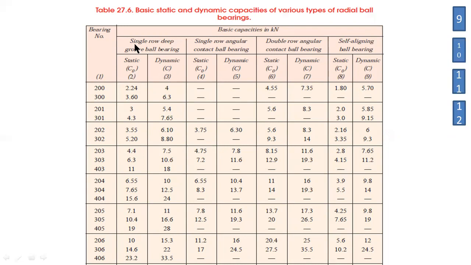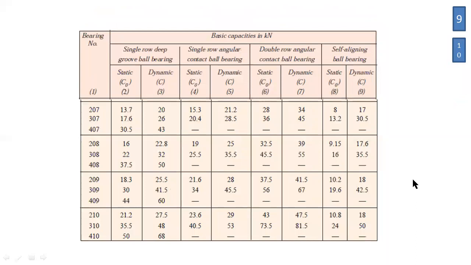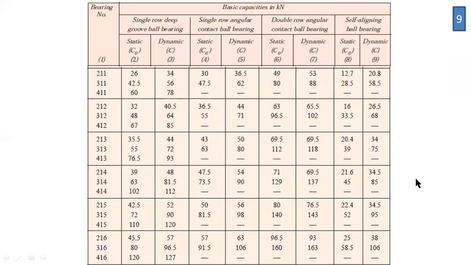These two columns are for single row deep groove ball bearing, these two for single row angular contact bearings, these two for double row angular contact ball bearings, and these two for self-aligning ball bearings. This is same as the before table. This one also same as before table, but here this column indicates bearing number. By using bearing number you can decide the capacity of the bearing, that is the static load and dynamic load.